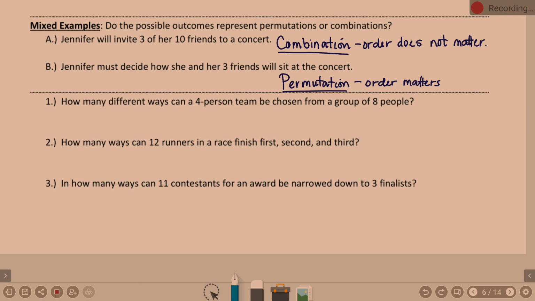Does order matter, aka permutation or combination? No, because it's a 4-person team.